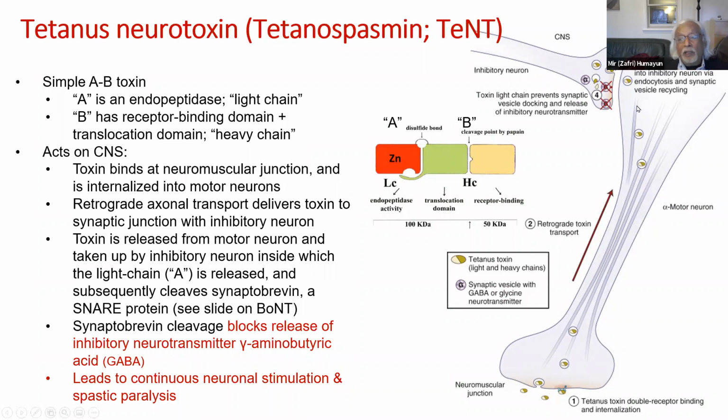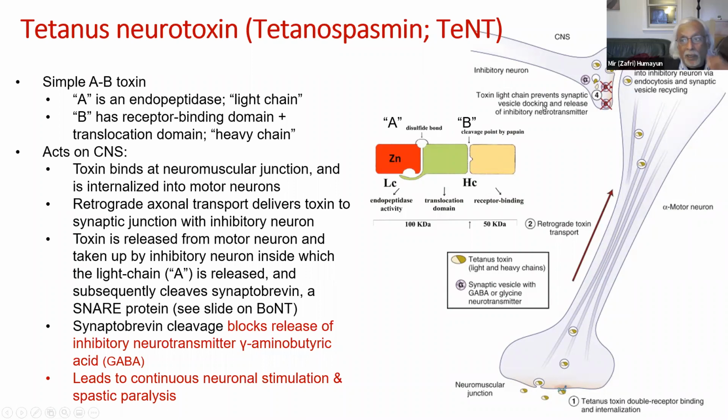That inhibitory signal is delivered at the synapses between an inhibitory neuron and the neuron that actually leads to muscle contraction, right? So the toxin reaches ultimately the inhibitory neuron and it exerts its action in the inhibitory neuron.